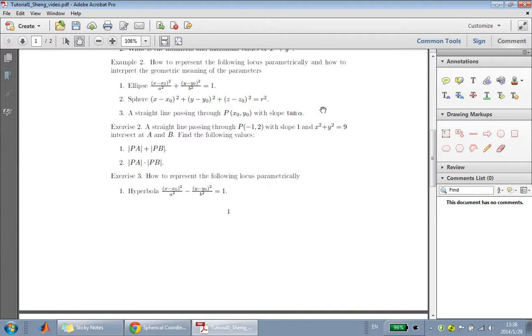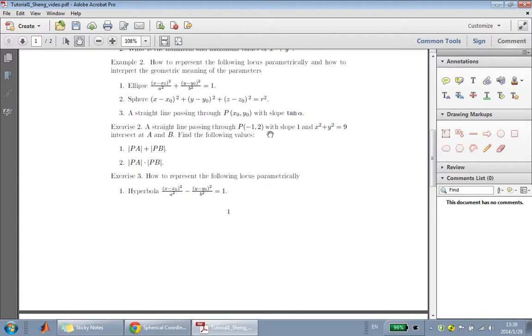Let's imagine there's another point Q. Let's say the length of the line segment PQ equals t. Then think about how to represent this straight line in terms of t. t is the distance.